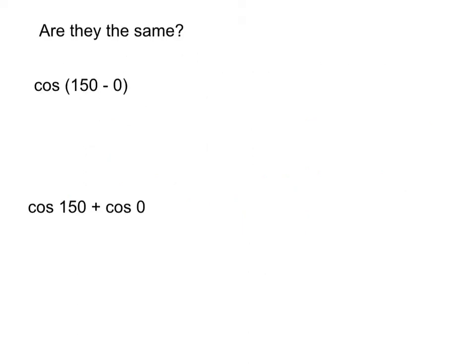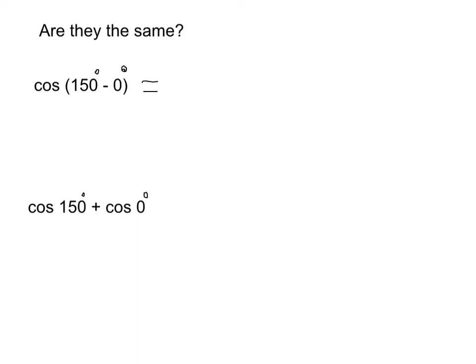Okay, the question here is, are they the same? And I don't have the degree symbols written on here, but these are just degrees. It's 150 degrees and 0 degrees. All right, so what we're going to do is use the cosine formula to write this out, and then we're going to see if it matches up with the cosine of 150 and the cosine of 0.